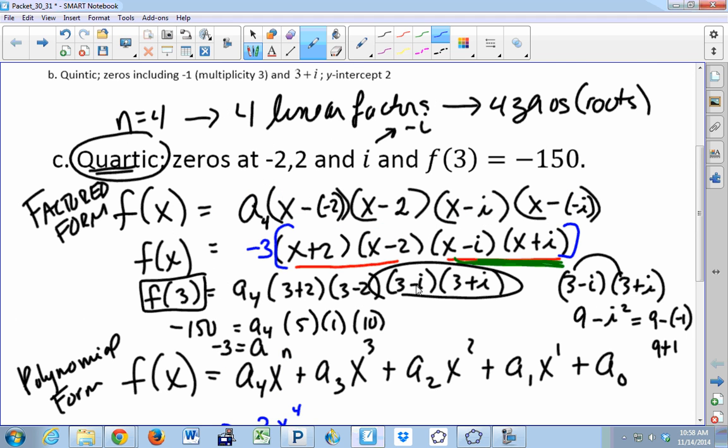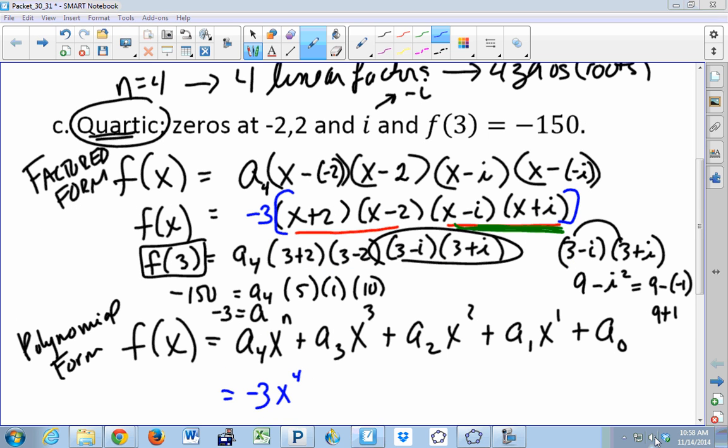Okay, yep, Christopher? Don't you have to do the whole constant block there?